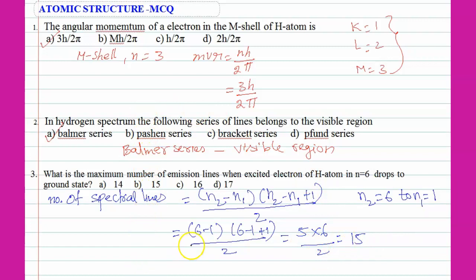So the answer is option B, 15. Here is the formula to find the number of spectral lines: (n2 minus n1) into (n2 minus n1 plus 1) by 2. The electron is coming from n equal to 6 to the ground state, ground state means n1 equal to 1. We substitute these values and get the answer 15.